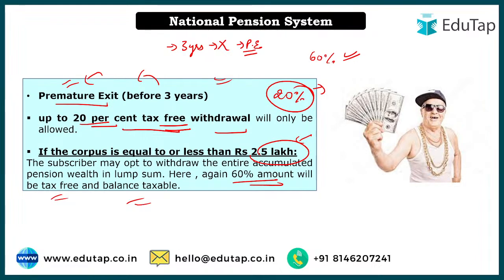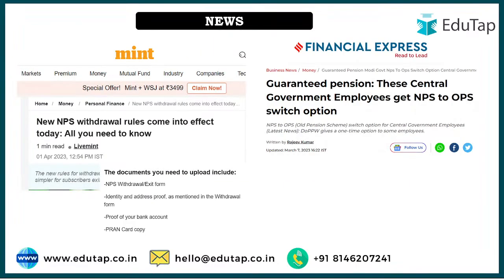So basically what we have understood is that for the elders, in case they have to pay some tax, up to 60% it is tax free, but after that they would have to pay tax, okay, if they are taking back a lump sum amount. That is the basic understanding we have covered. And in case of premature exit only 20% is tax free, okay? So this is all about the scheme, and now we will look at it again, okay?